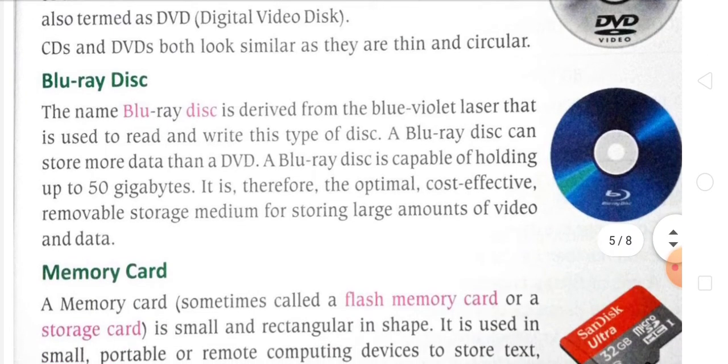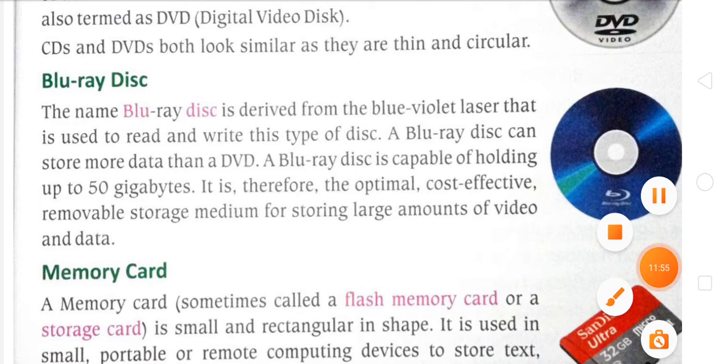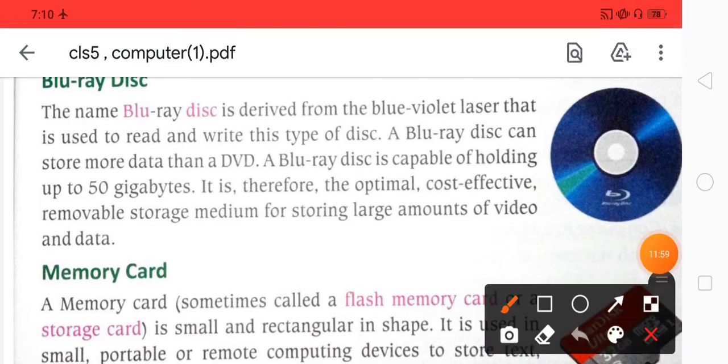Then after that, the Blu-ray disc, this one you can see. The Blu-ray disc is named after the blue-violet laser that is used to read and write this type of disc.